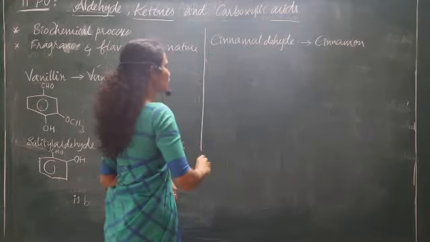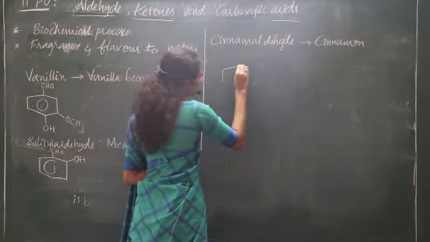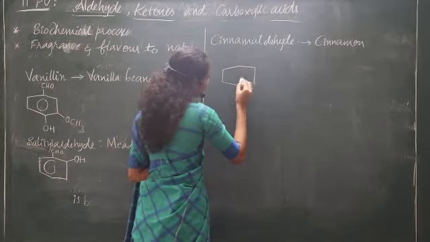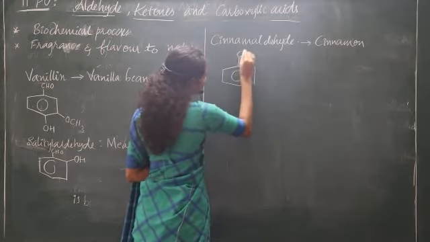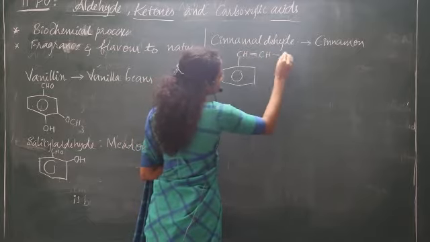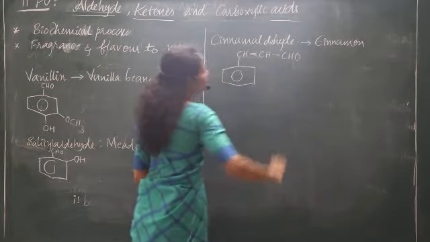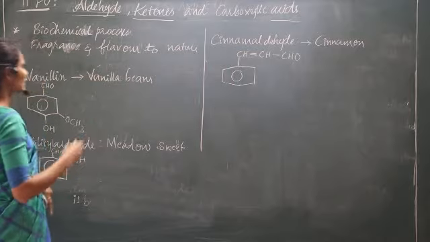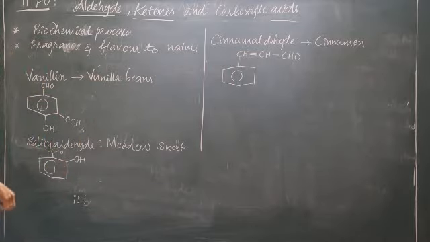What is the structure of cinnamaldehyde? CH double bond CH and CHO. These three are important aldehydes which occur in nature.